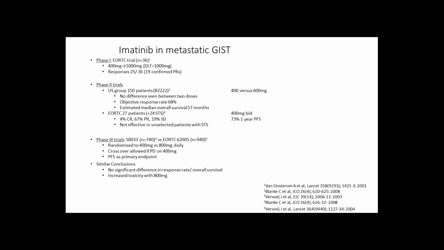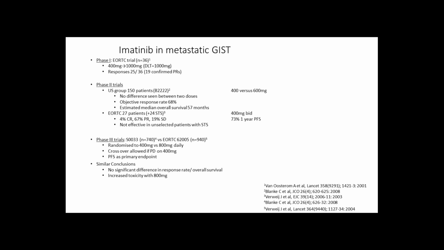I mentioned the use of imatinib in GIST, and there was a rapid development of this agent from early stage phase 1 clinical trials to large randomized phase 3 trials leading to registration of the drug. And this has really been the paradigm for so-called targeted therapy in solid tumor oncology.